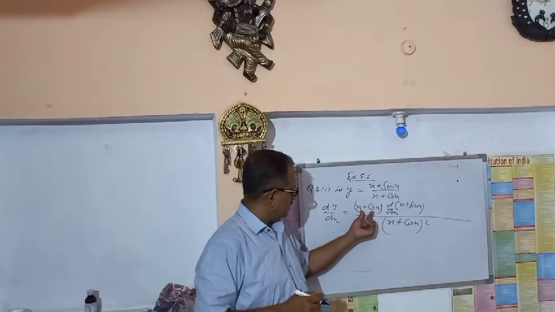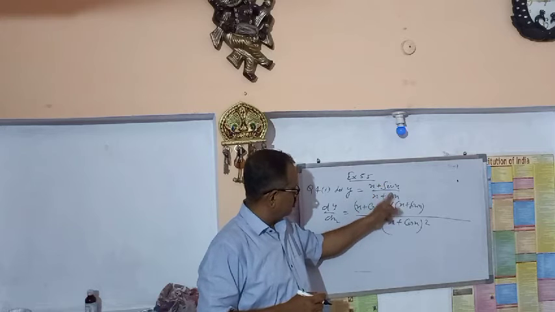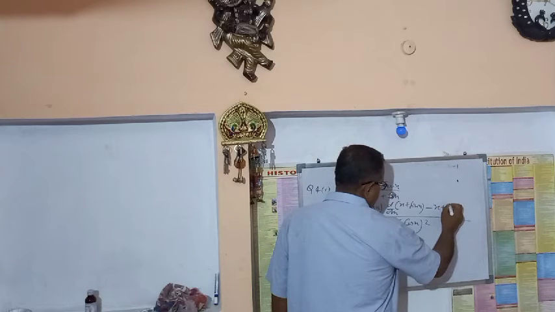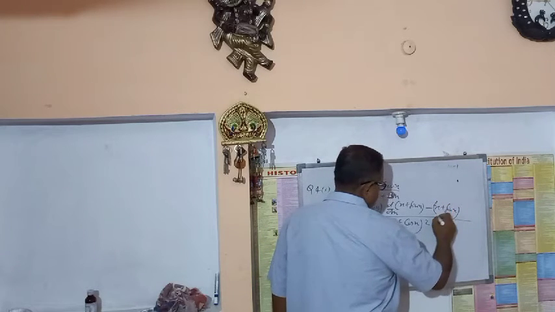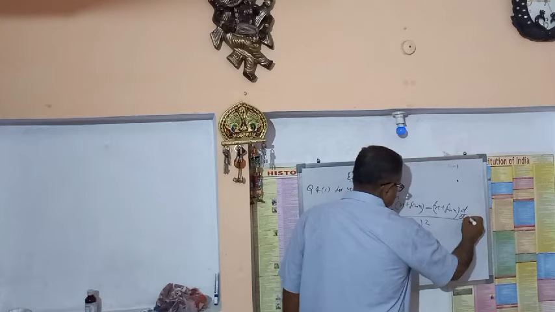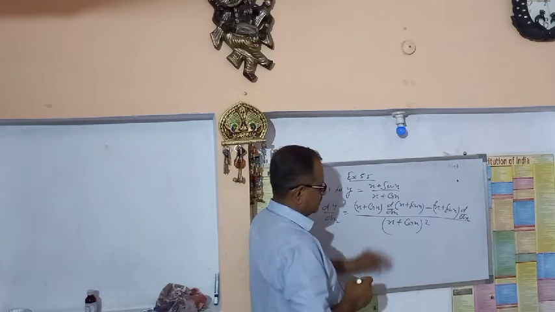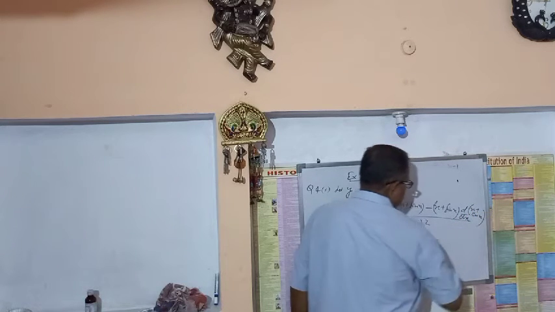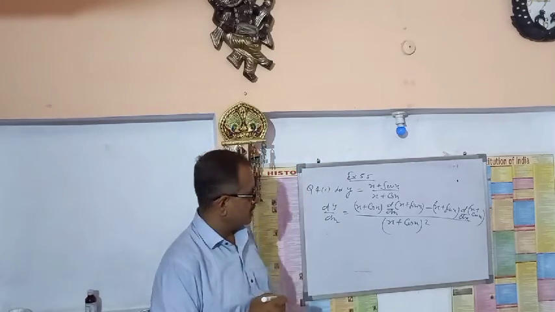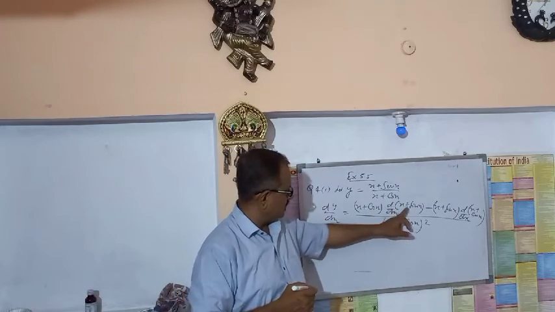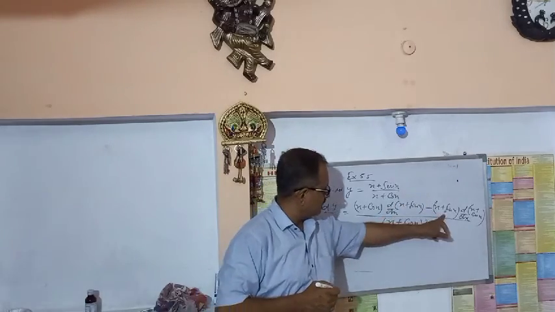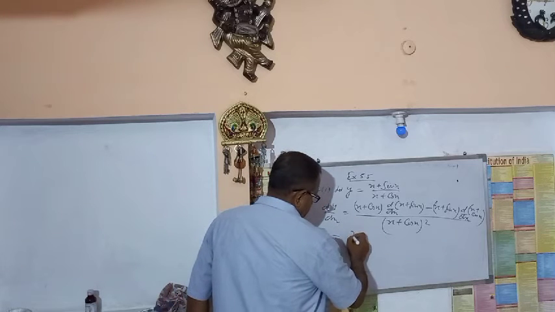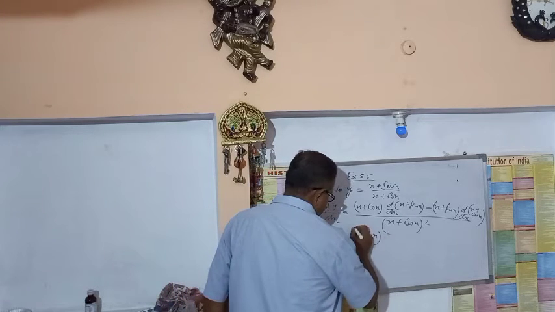In the numerator we have to write denominator x plus cos x into derivative of numerator, minus numerator x plus sin x into derivative of denominator x plus cos x. This is the formula: denominator square, denominator into derivative of numerator minus numerator into derivative of denominator.